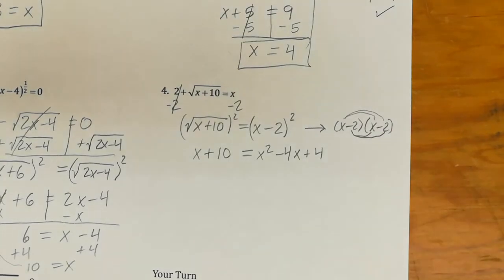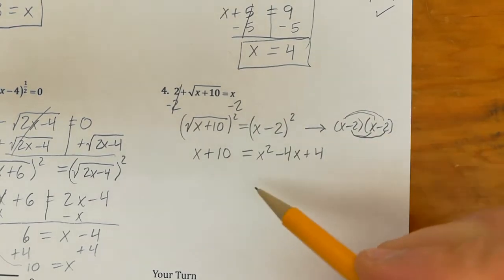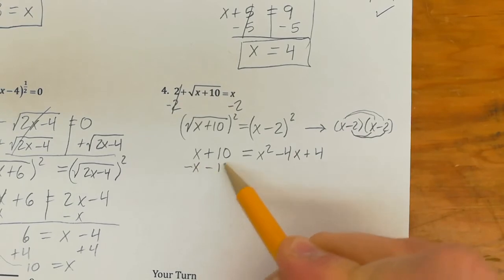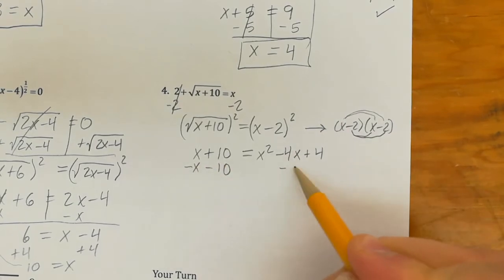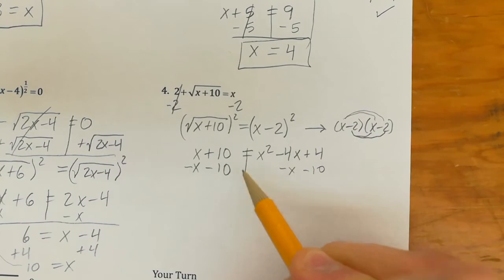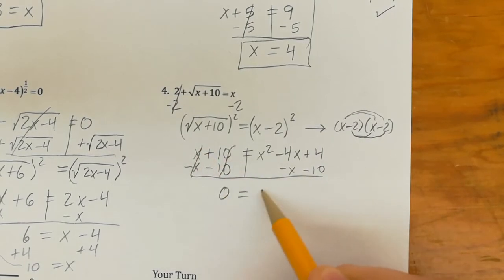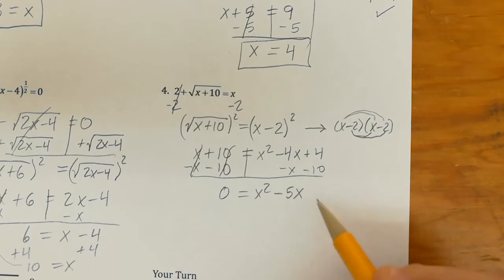All right. Now we have a quadratic equation, not a linear equation. So the technique here generally is to get everything to one side. So we're going to do that. We're going to go ahead and take away x and 10 on both sides. Boom, boom. And so we get 0 equals x squared minus 5x minus 6.